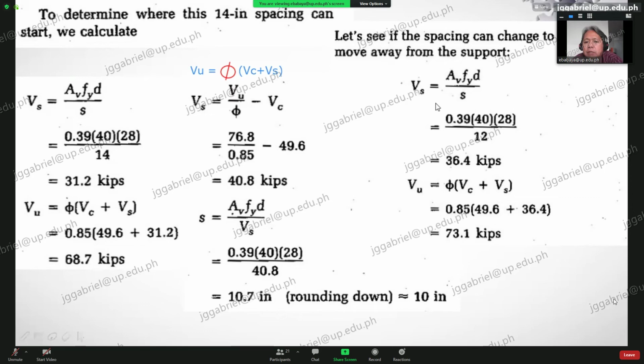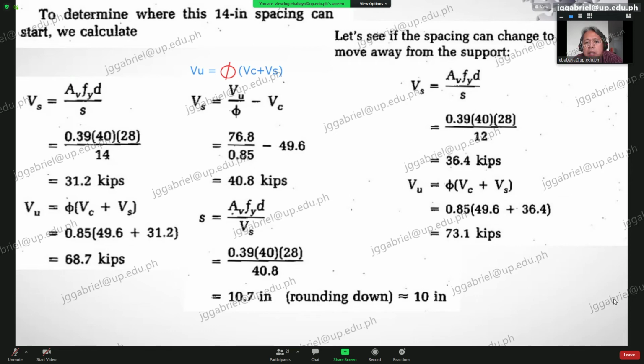So, computing for that, plug in 12 inches. You get 36.4 for your VS. And then compute for VU: 0.85 times 49.6 plus the VS that you computed for the 12 inches spacing, that is 36.4. So you get 73.1.